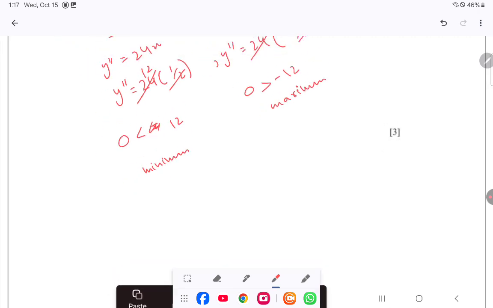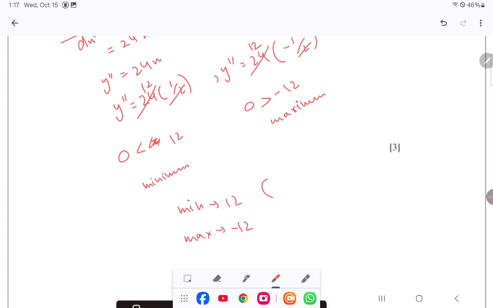So the minimum is 12 and the maximum is negative 12. At x equals 1 over 2, y equals 2, and at x equals negative 2, y equals 4. So this is our minimum and this is our maximum.